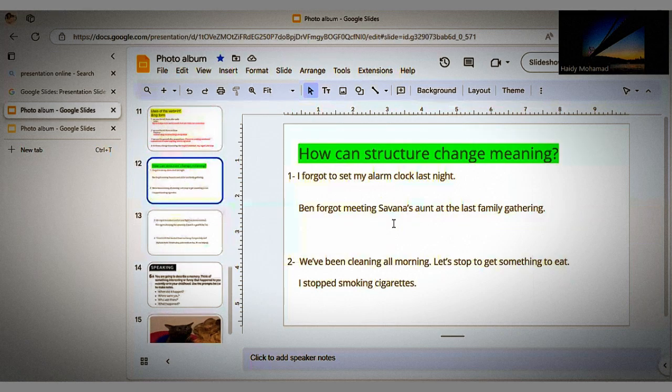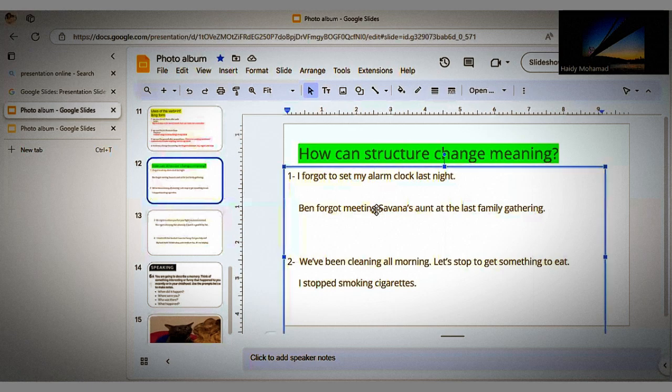Of course, we can see here that the verbs following forget are different in structure. We have here a gerund and an infinitive or base form.